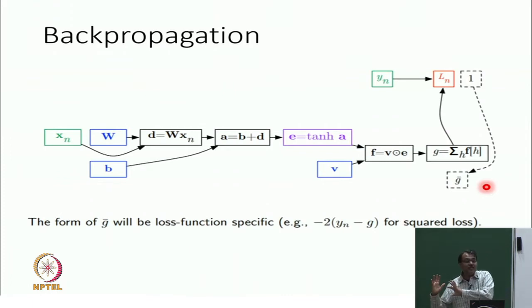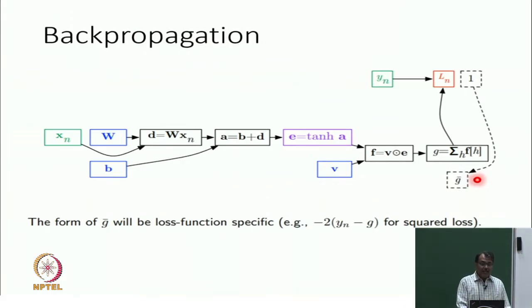Now our goal is to back propagate it all the way. This is the example that we have to work on. And let us start one step at a time. Now, if I know g bar, which bar will I compute next? F bar. Why? Because g depends on f.